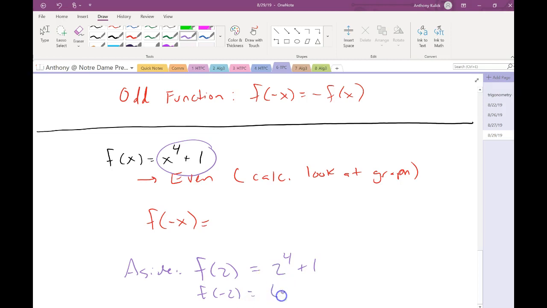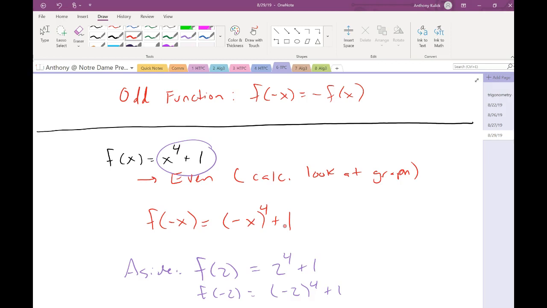The thing you have to be careful about there is that the negative sign needs to be inside the x to the fourth. We have to make sure we apply the negative before we apply the exponent. So if I do f of negative x, all I'm going to do is plug negative x in for x, and I get this. Just like we did for 2 and negative 2, I'm just doing it for negative x. Is that okay?